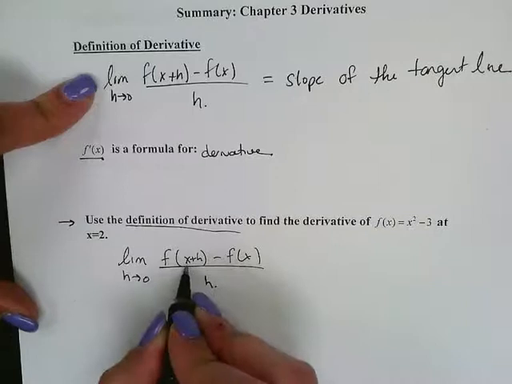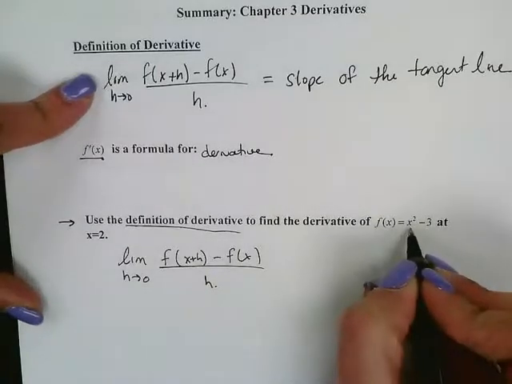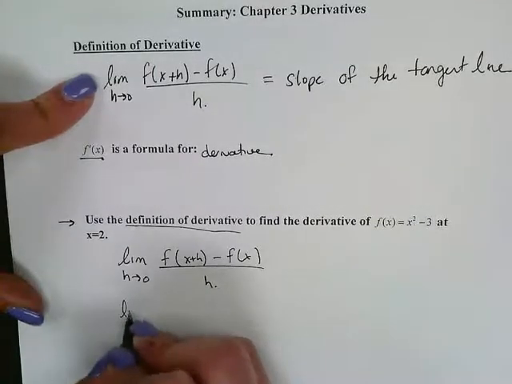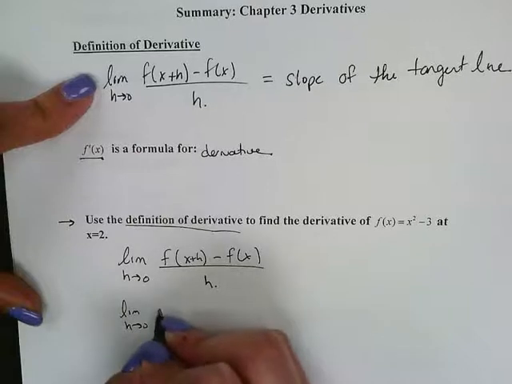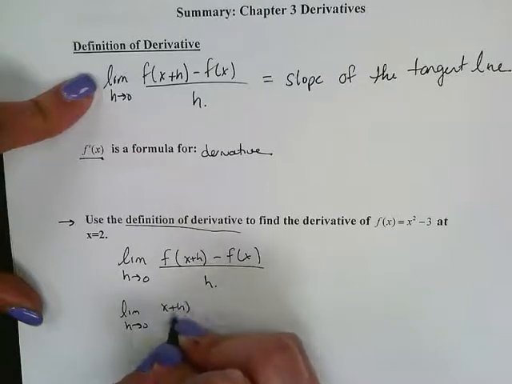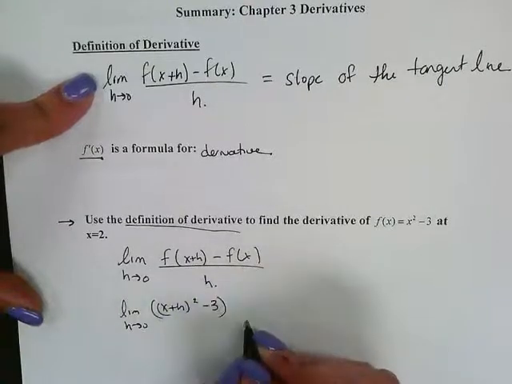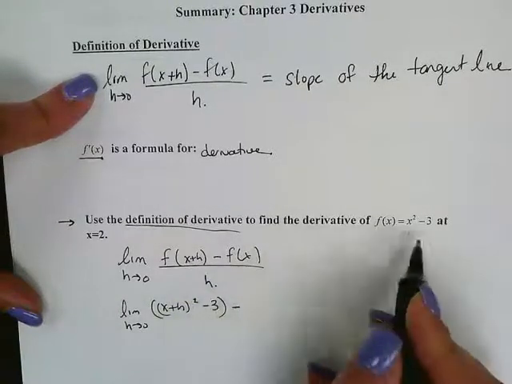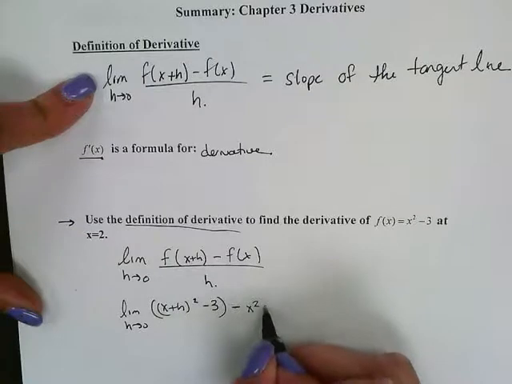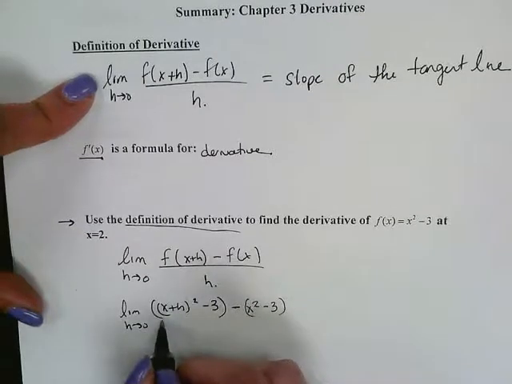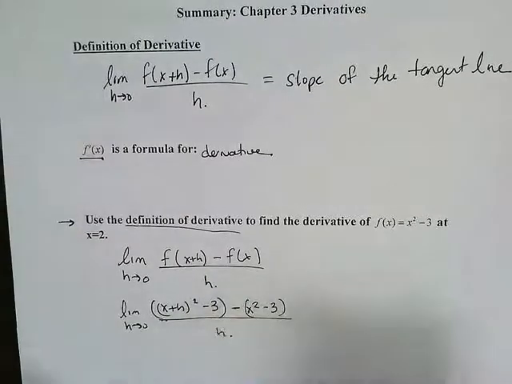So here, f of x plus h means wherever there's an x, instead of x, I'm going to plug in x plus h squared minus 3. That's my f of x plus h, minus the f of x itself, which is x squared minus 3, and all of that is over h.